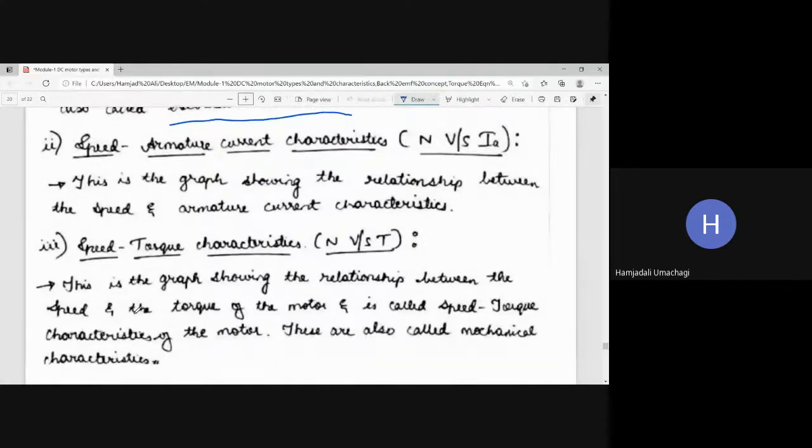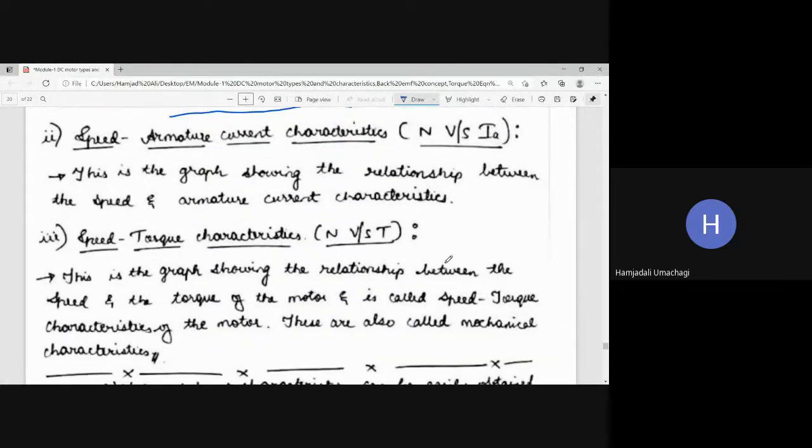Now let us see here. This is the graph showing the relationship between speed and the torque. With the change in the torque of the motor, how the speed of the motor will change.